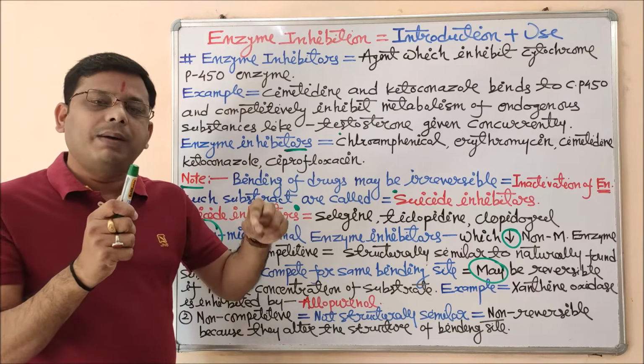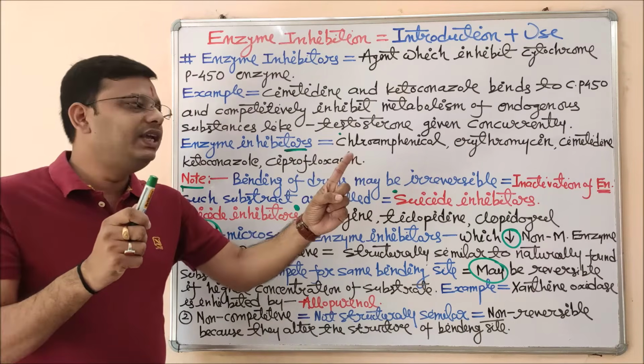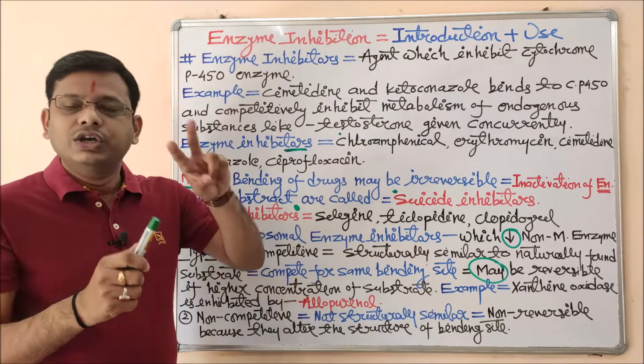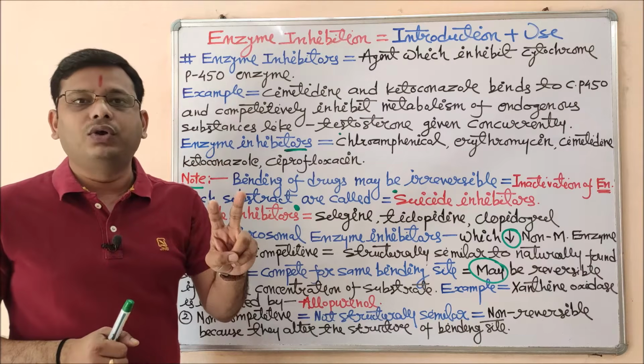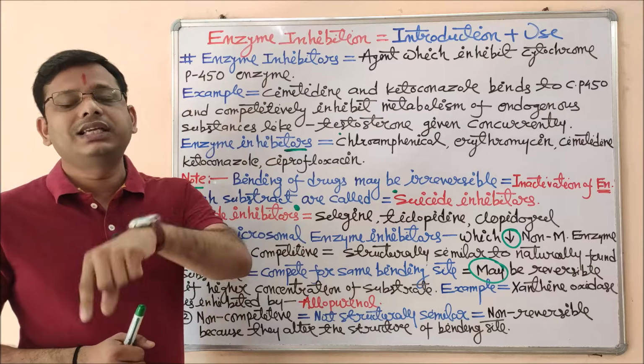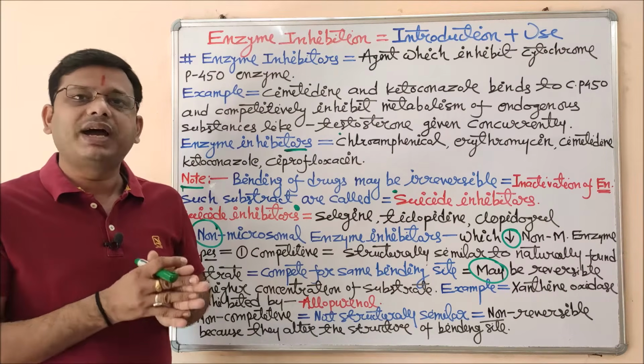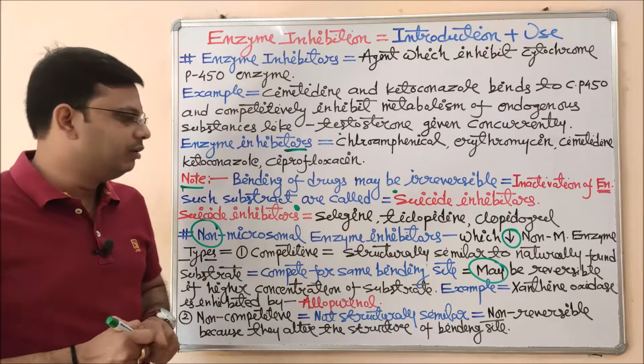But after some time, if a more powerful person comes, he or she may replace that one too. So reversible replacement is based upon the concentration of the replacing agent. This is very important. If you increase the concentration, they may be replaced by another one. This is called a competitive inhibitor.